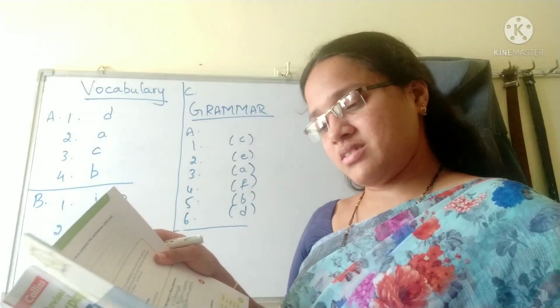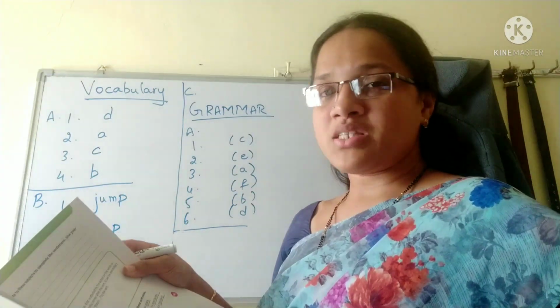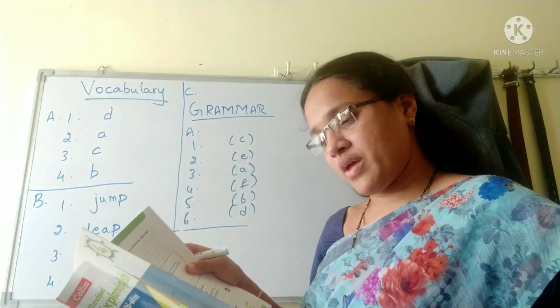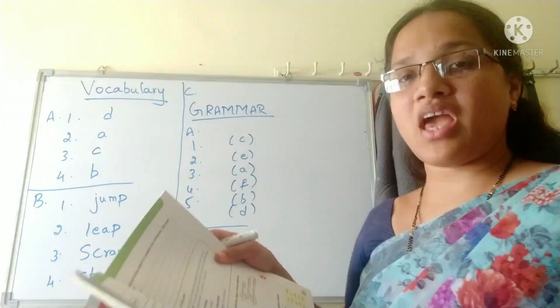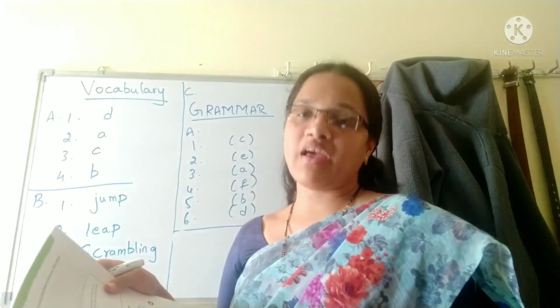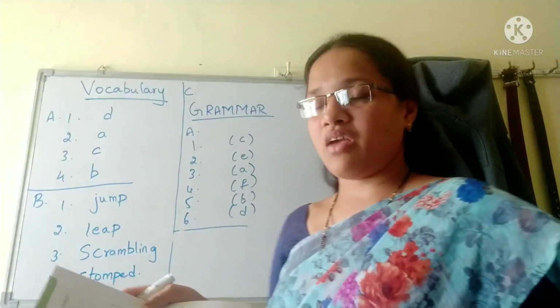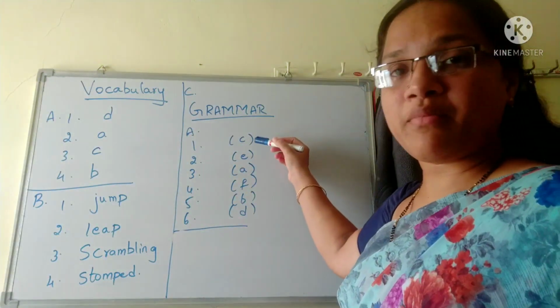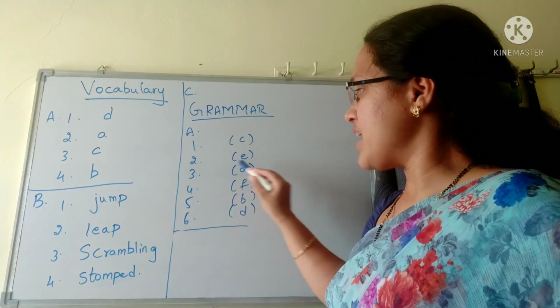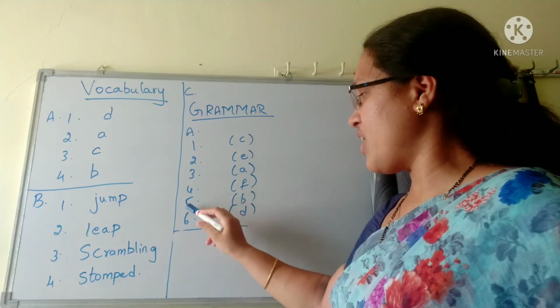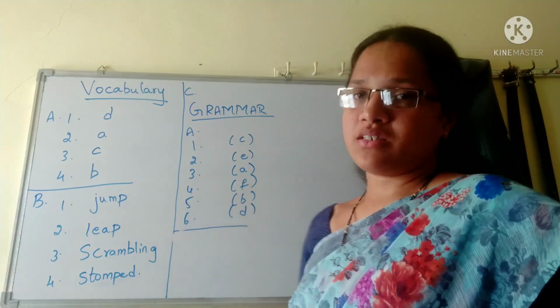The lion was wearing spectacles. Okay. Next, he fell all the way down to his cave. Who fell all the way down? The lion fell all the way down to the cave. So, you have the answers: 1 is C, 2 is E, 3 is A, 4 is F, 5 is B, and 6 is D.